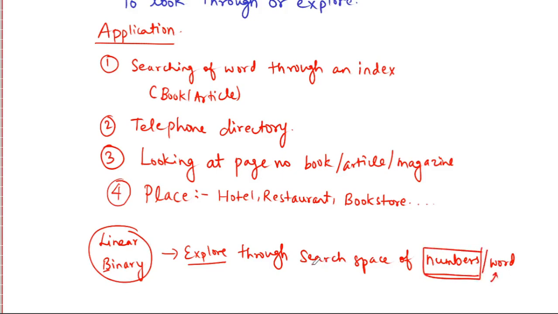But there are different searching methods which can be covered later in the course. Now the only focus, linear and binary search, will be on numbers. As numbers can be infinite, the range of the search space is from minus infinity to plus infinity, basically the set of all real numbers.